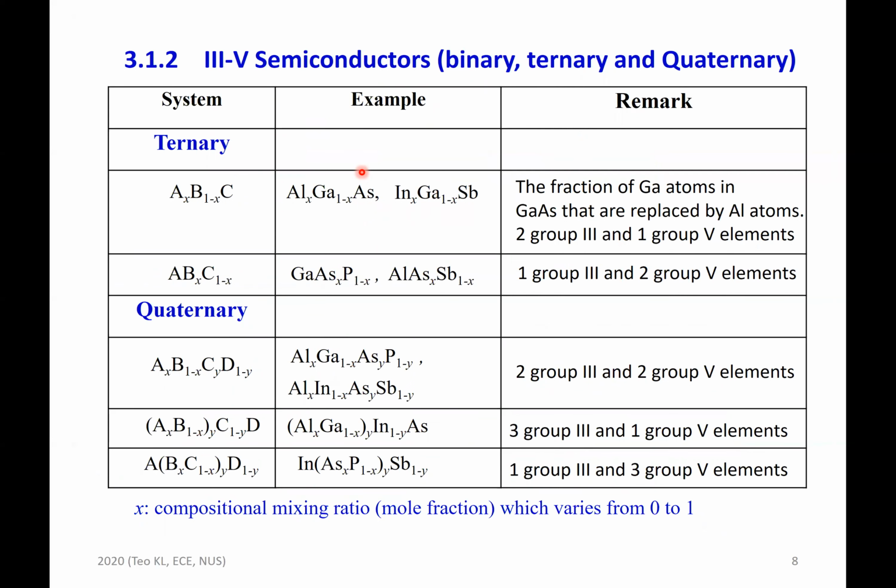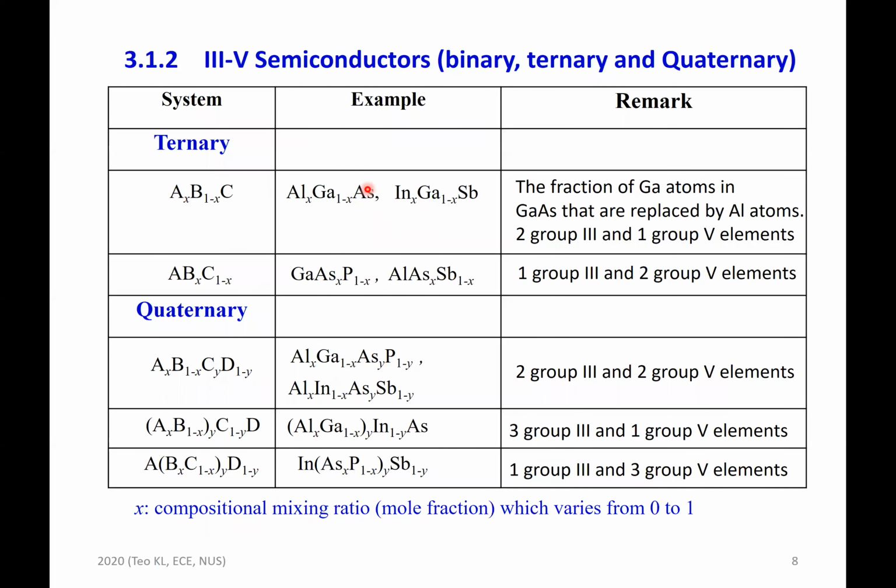Okay, let us look at the 3-5 semiconductor alloys more in depth. A, B, C are elements in the periodic table. Ternary alloys have 3 elements in the periodic table. You can have 2 group 3 and 1 group 5, so it's aluminum gallium arsenide.